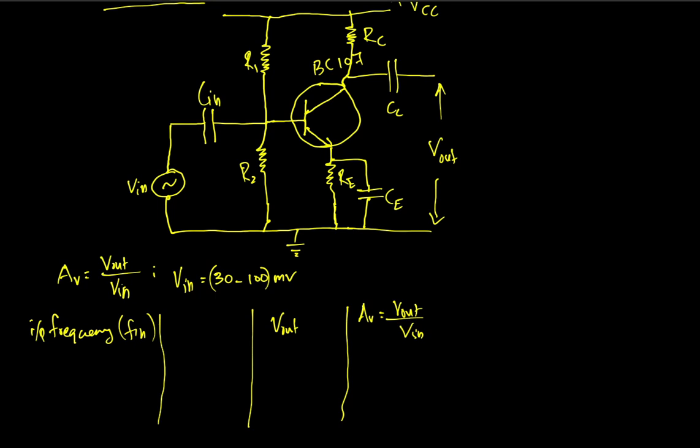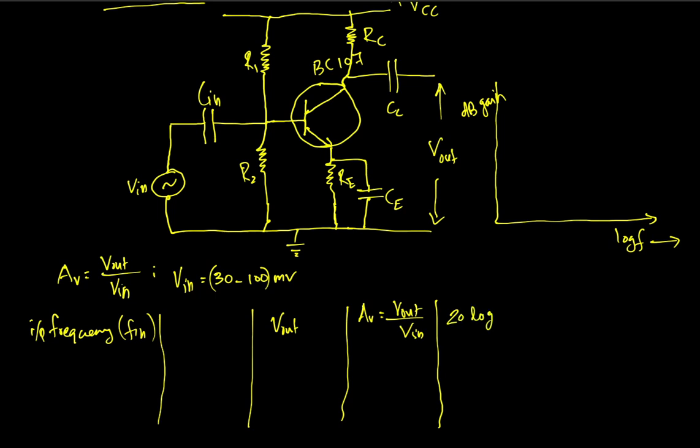So usually for practical purposes we will draw the frequency response not as frequency versus the gain, but as log frequency versus the decibel gain. We know what the decibel gain is. Here the decibel gain is given by 20 log Av.